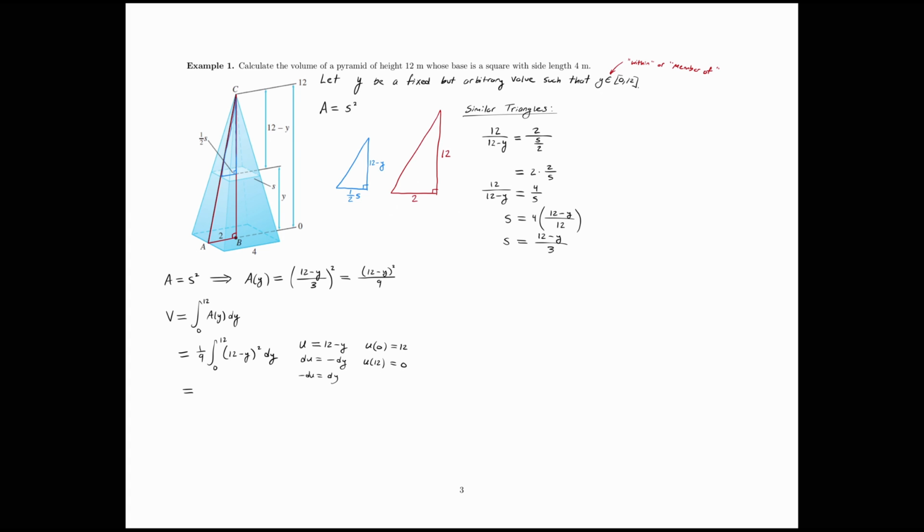Okay? At this point, we're going to go ahead and change the integral over. So this will be negative 1/9, the integral from 12 to 0 of u squared du. And then, of course, we can absorb the negative into the integral and flip the bounds to get 0 to 12 of u squared du.